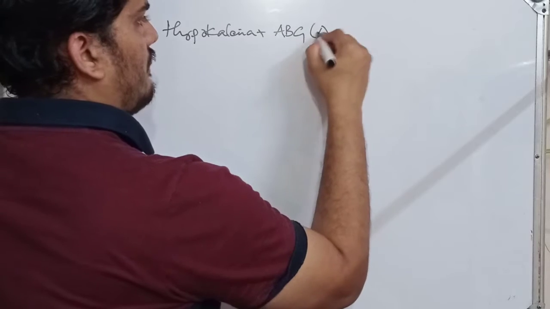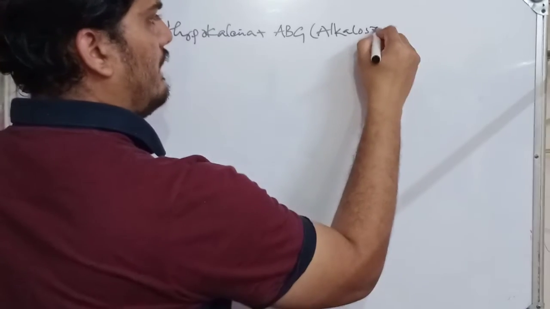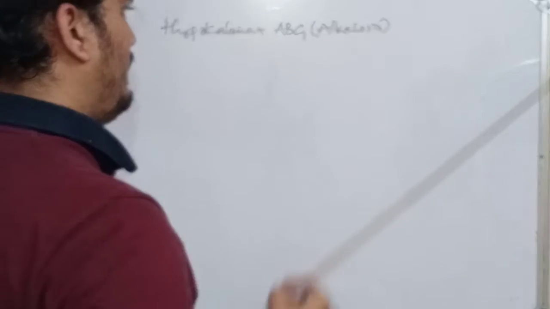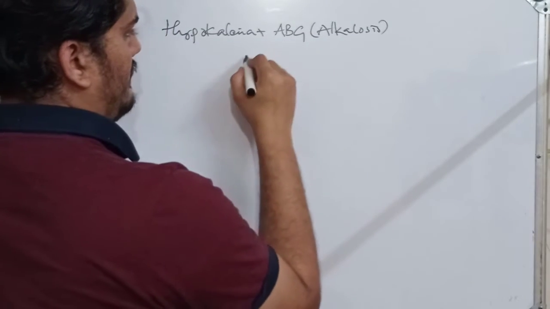In the alkalosis pattern we came to know that to understand what is the possible diagnosis, the next step we did is we check the blood pressure of the patient.